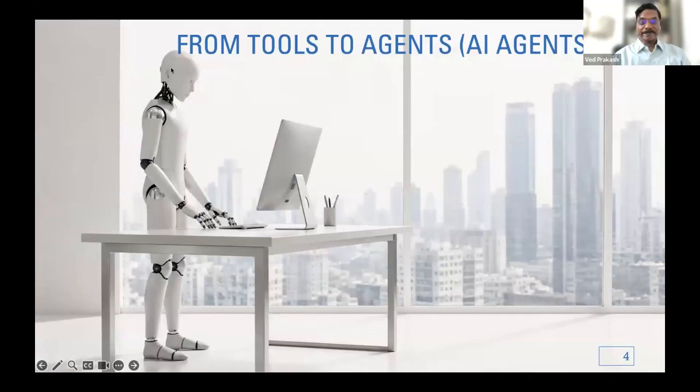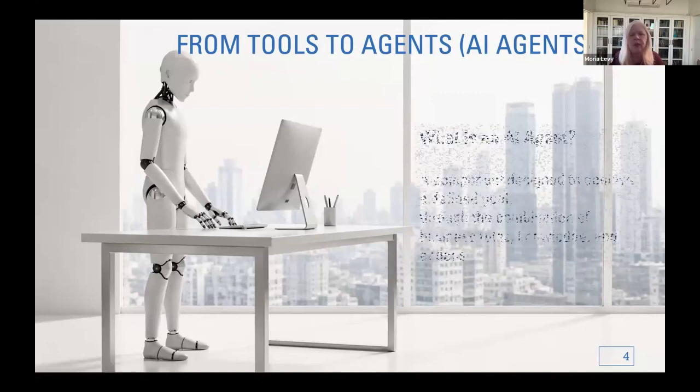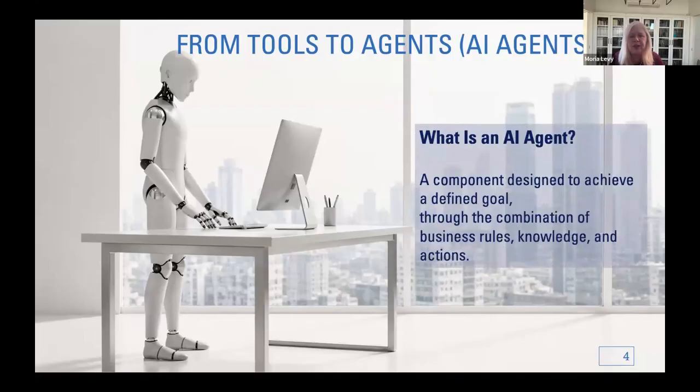Sure, Moria. Thank you. So if we now understood the different categories of tools, let's go into the first category of platforms and look into one of their capabilities, which we called agents, or specifically, AI agents, because they are artificial and not real agents in life, like change management agents. So what is an AI agent?